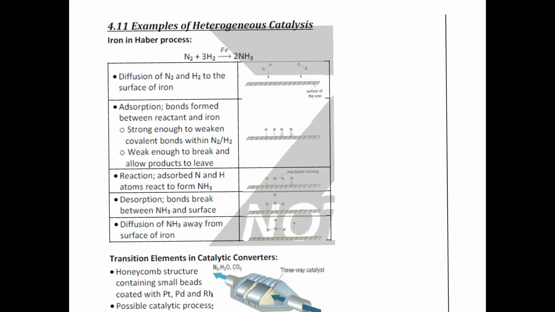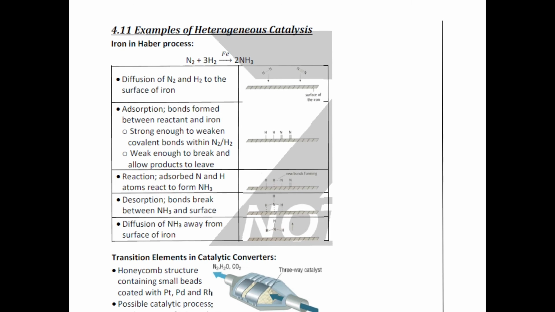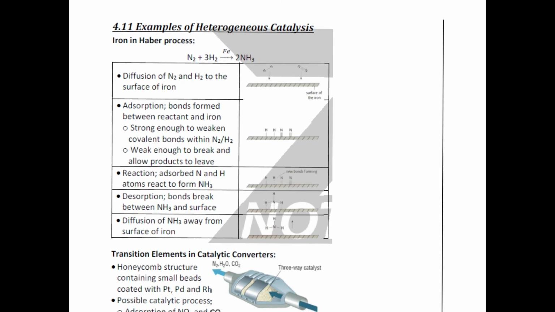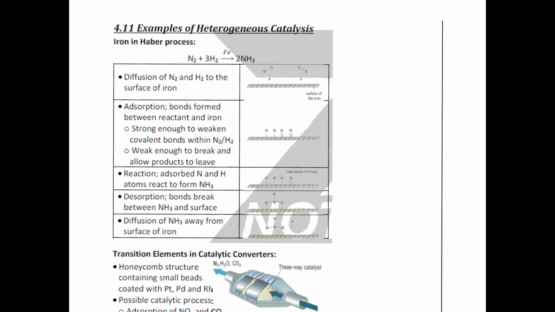Okay, now let's see here. So iron is the solid, and then N2 and H2 are the gases. So they have different physical states. So you look at the picture first. The iron catalyst provides a platform. Hydrogen will come and form chemical bonds with the iron. Nitrogen will come and form chemical bonds with the iron.